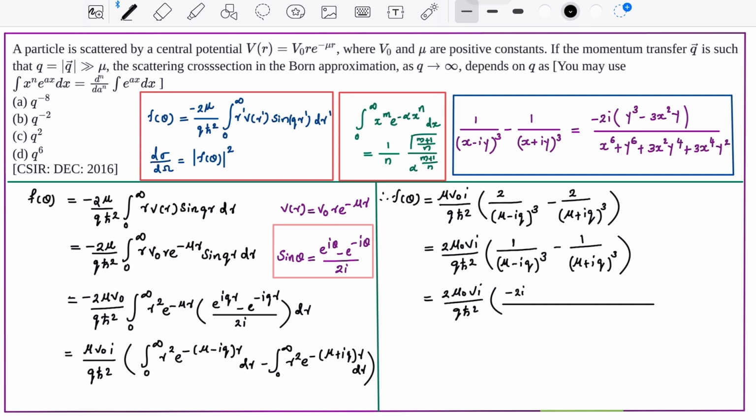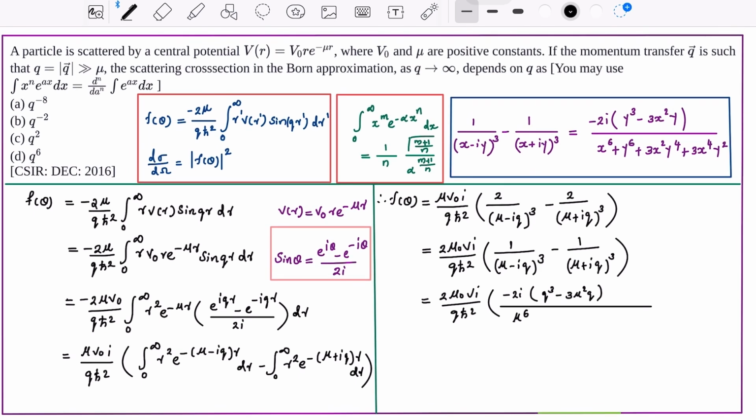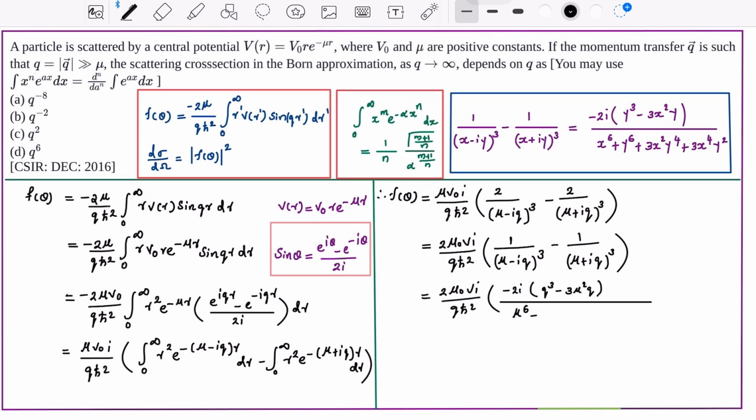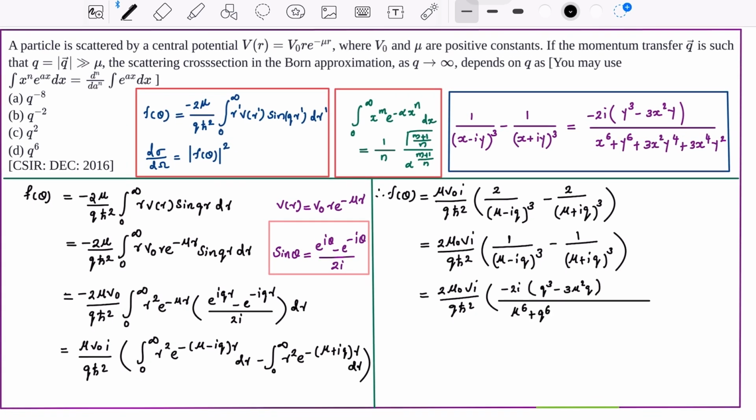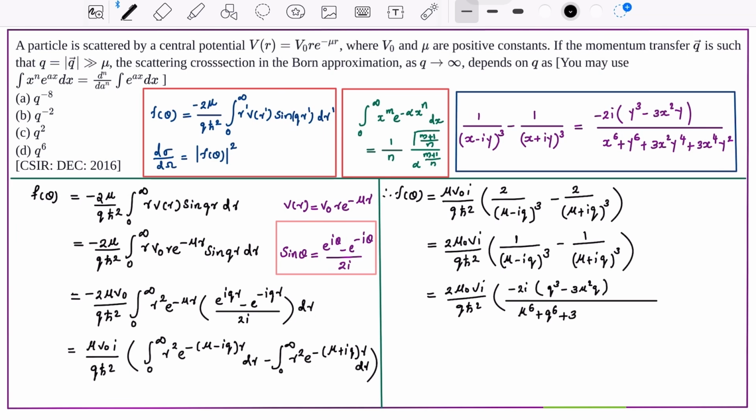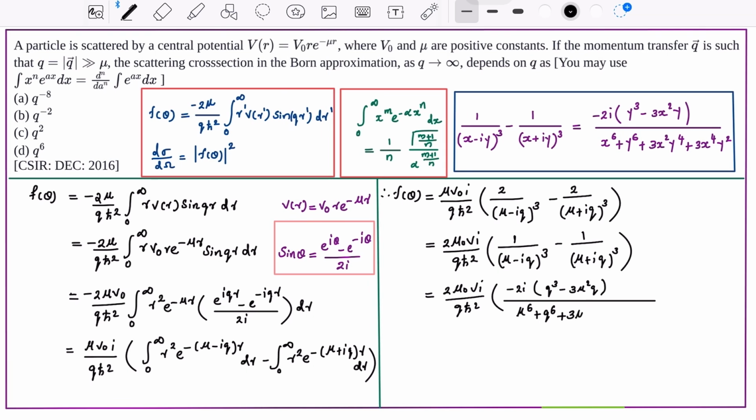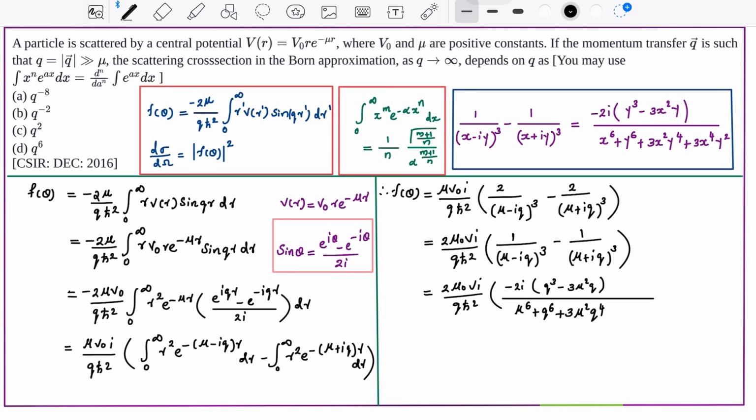We have to evaluate the quantity inside the bracket, that is minus 2i into q cube minus 3 mu square q divided by mu raised to 6 plus q raised to 6 plus 3 mu square q raised to 4 plus 3 mu raised to 4 q square.